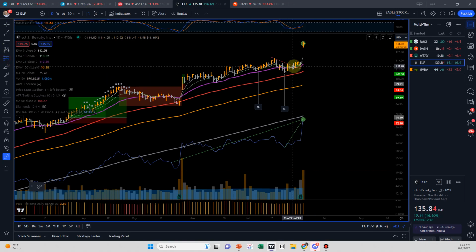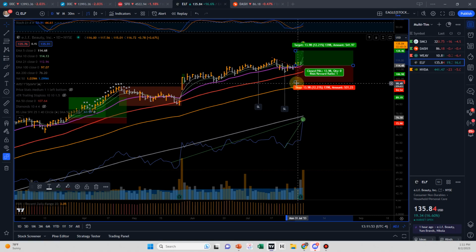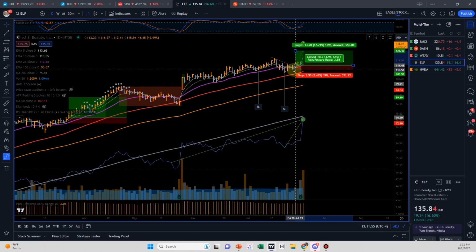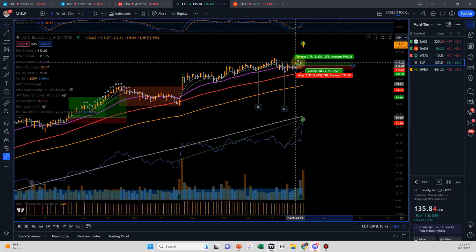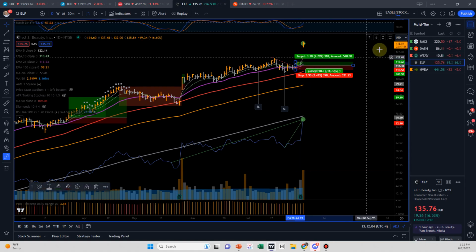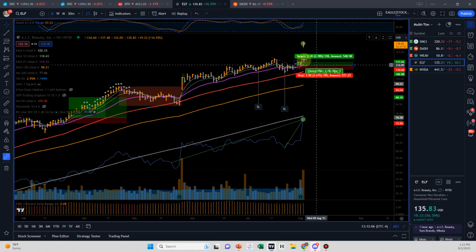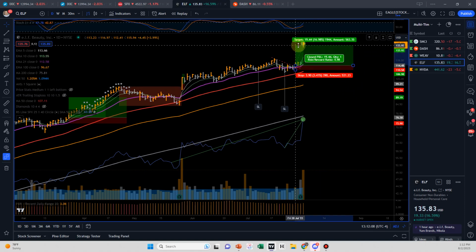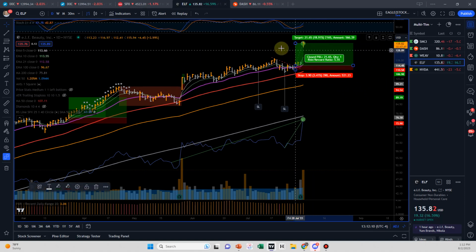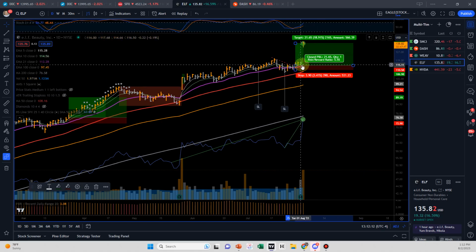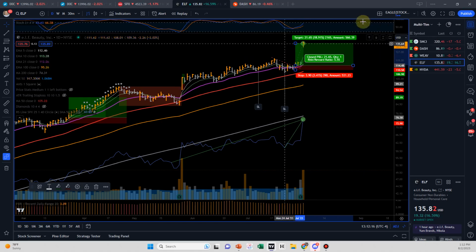So if I got in right here and had a very tight stop, let's say I nailed this thing perfectly, I would have only been up about 2.5% going into earnings. This happened to work out, but at this point in the trade, it hadn't earned the ability to be held through earnings because it hasn't paid me yet.